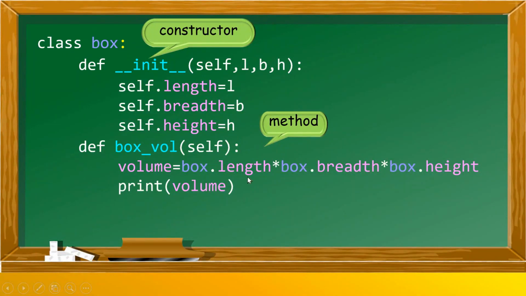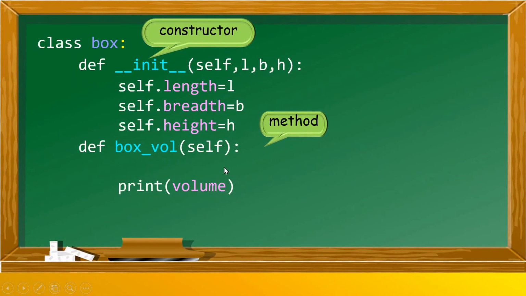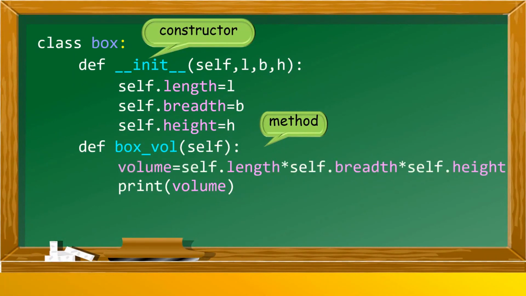Box.length. This syntax was used when length, breadth and height were class variables. But now length, breadth and height are instance variables. So I have to remove this statement and replace it with this one.